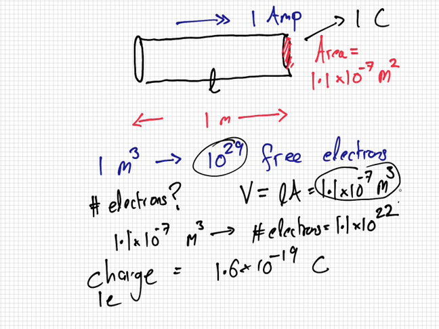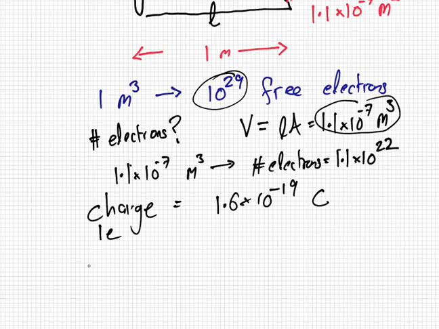So if I take this coulomb here and divide it by this number here, that's how many electrons must come out at the end. If I want 1 coulomb, how many electrons is that? Well, actually, I gave that to you earlier, didn't I? It's the number of electrons that come out.